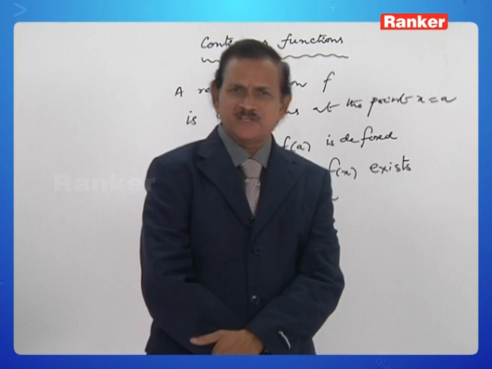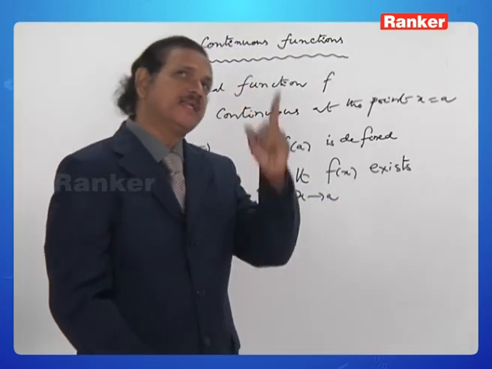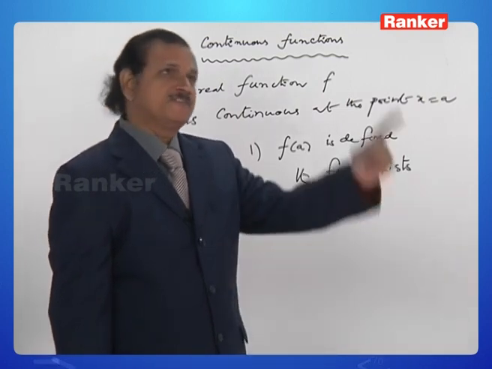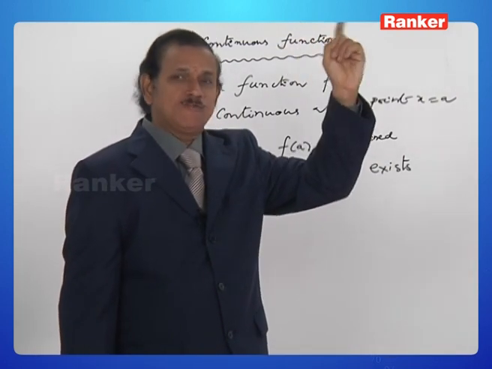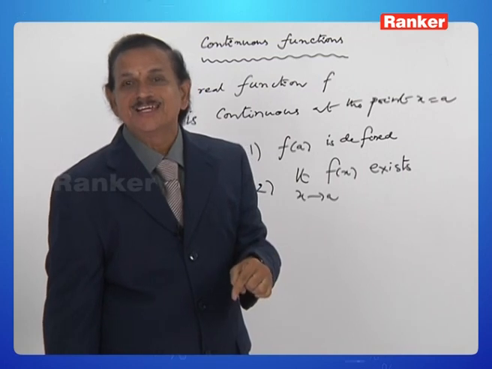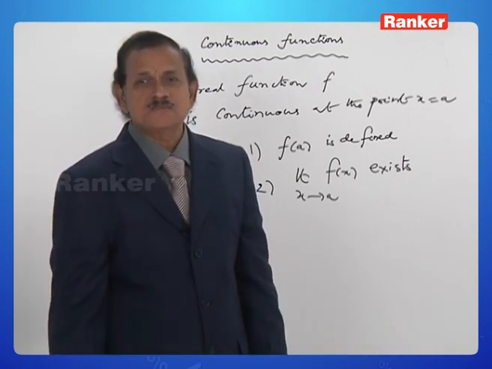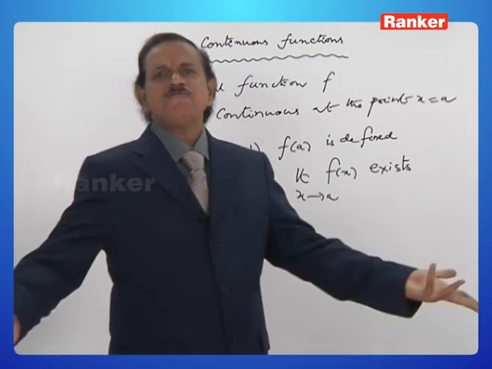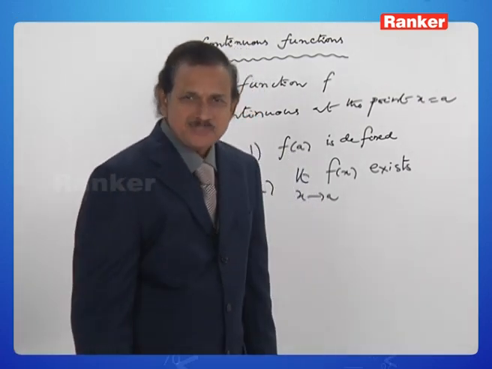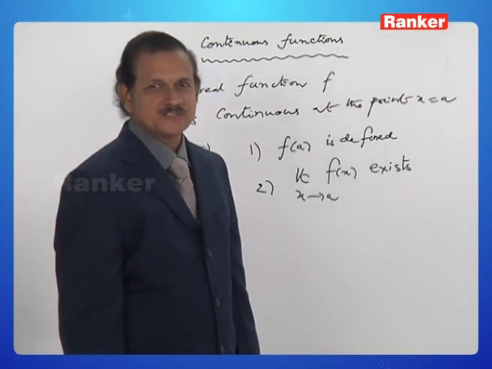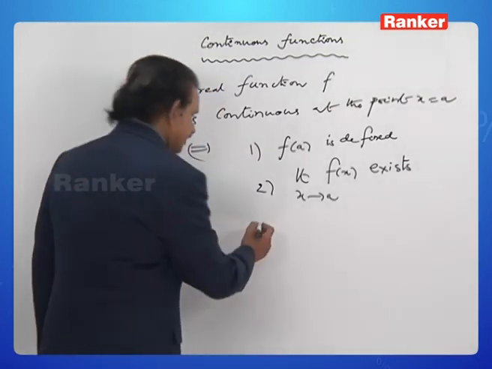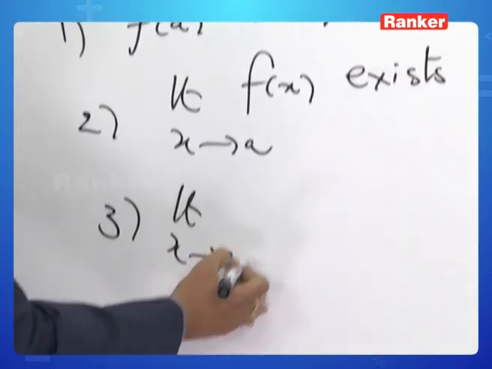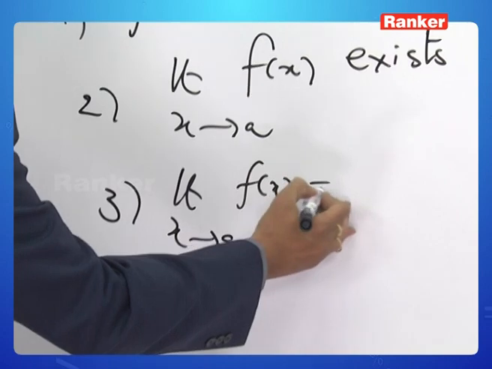While going through the definition of continuity itself, we could have recollected the definition of limit of a function. In the definition of limit of a function, in the place of L, we could have f of a. First of all, the limit must exist, and that limit must be f of a. How can you grasp that? By looking at the theoretical definition of continuity. That is, of course, the third condition: the limit as x tends to a of f of x is equal to f of a.